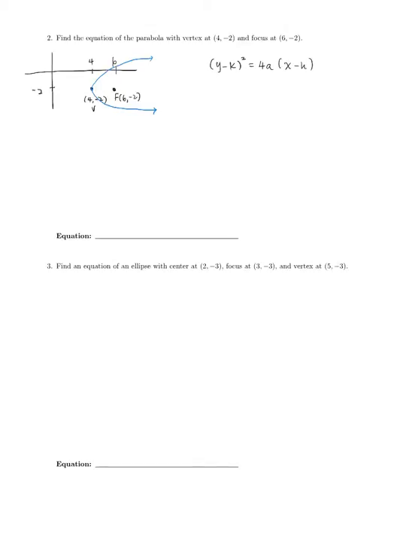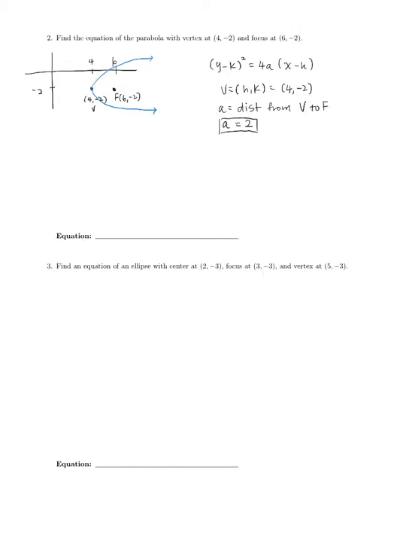Okay, so now since the vertex is given by h comma k, which is 4 comma negative 2. Now let's get the little a. Now a is nothing but the distance from vertex to focus. So let me just write it as v to f, vertex to focus. So it looks like our a is going to be vertex to focus, 6 minus 4, so it's 2.